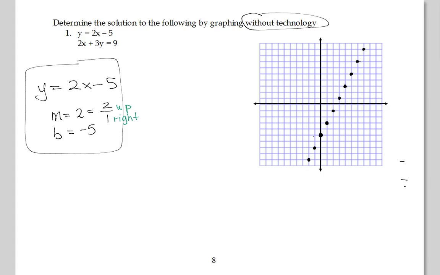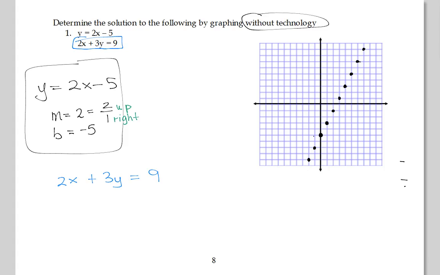How about the second graph? So I'll switch color. Maybe let's go to blue. So you have 2x plus 3y equals 9. If I want to graph this on my grid, I'm going to have to get it into mx plus b form. So what's the first thing I should do?